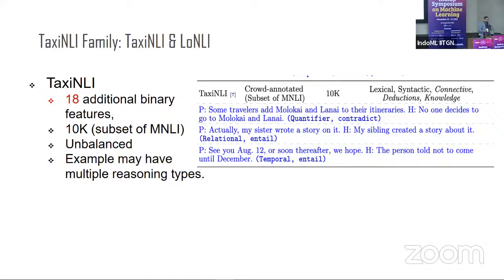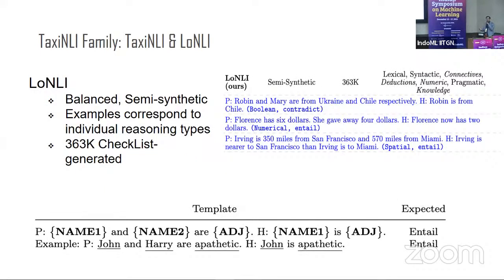This showed us different properties about the dataset, and different properties about the models that are trained on MultiNLI itself. We'll see it next. We also came up with another template-generated dataset, which we call Logical NLI, because we wanted a dataset where examples correspond to each reasoning type individually.